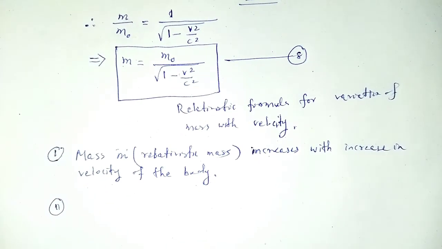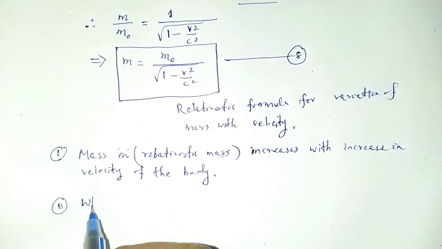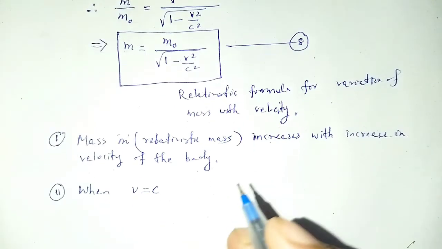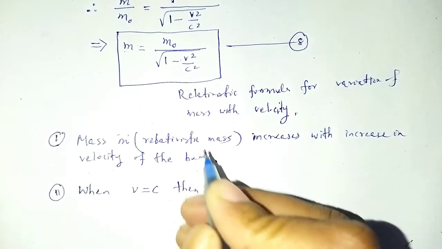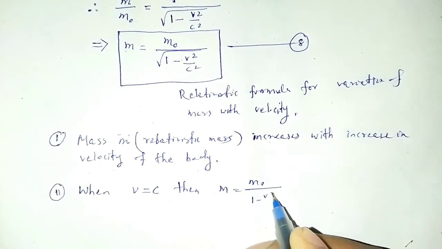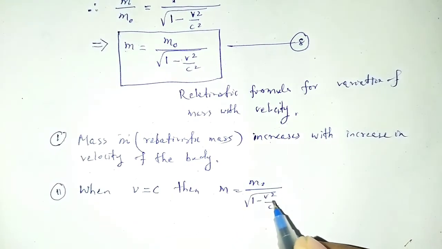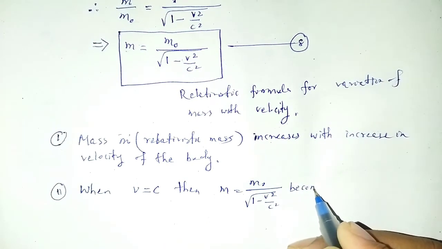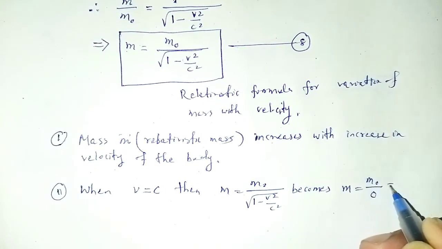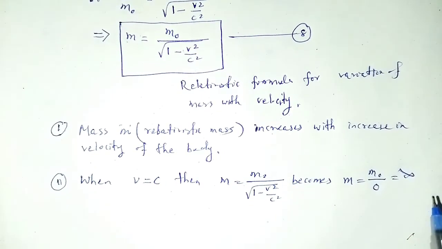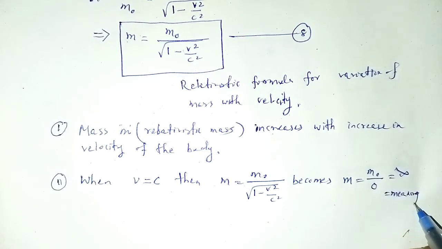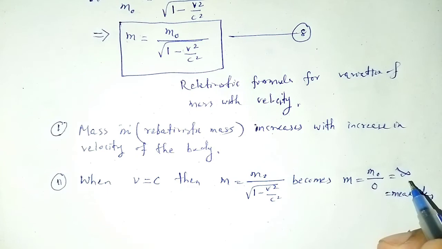Again, we also observe when v is the same as c, the velocity of light, then that equation changes to m is equal to m0 divided by square root of 1 minus v square by c square, that is m is equal to m0 divided by 0, which is equal to infinity, that is meaningless. Mass is not infinity.